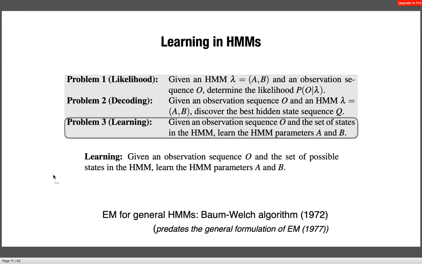EM is very, very popular in machine learning, but the general formulation of EM was published in around 1977, while Baum-Welch came out in 1972. So this is probably a lesser known fact.